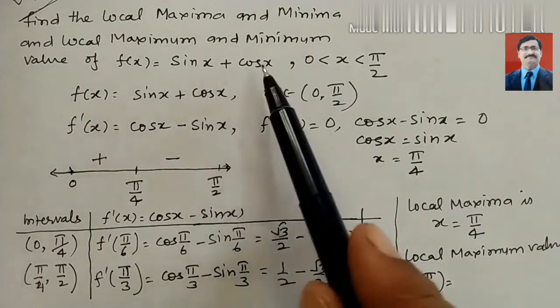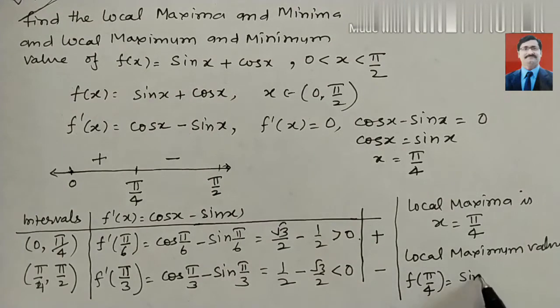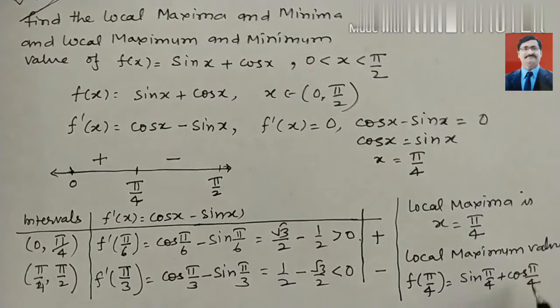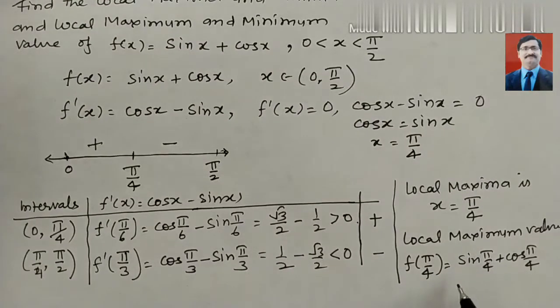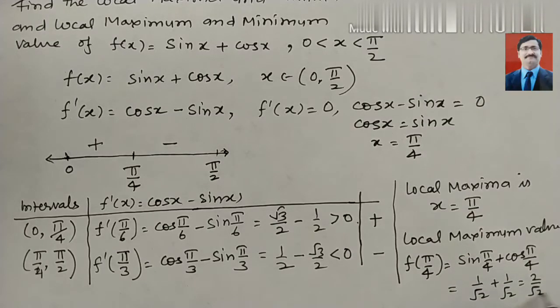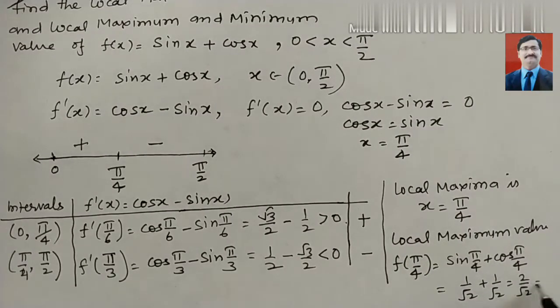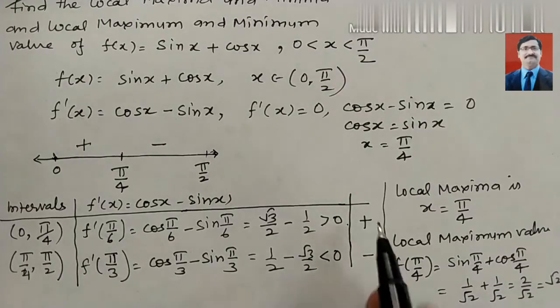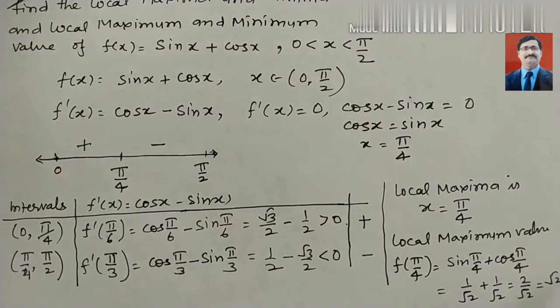Putting pi by 4, we get sin pi by 4 plus cos pi by 4. Sin pi by 4 is 1 upon root 2, and this is 1 upon root 2. Adding these, we get 2 upon root 2, which is root 2. So the local maximum value is root 2.